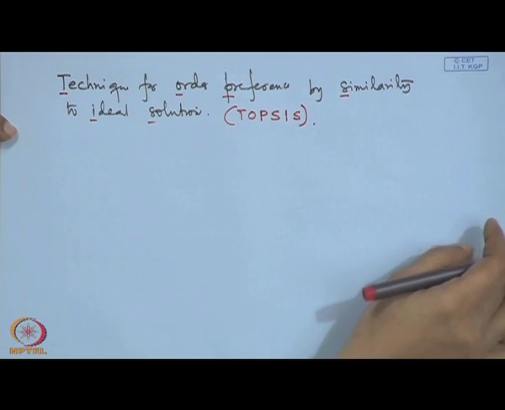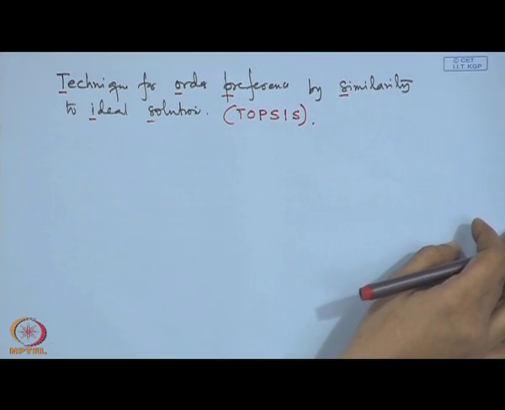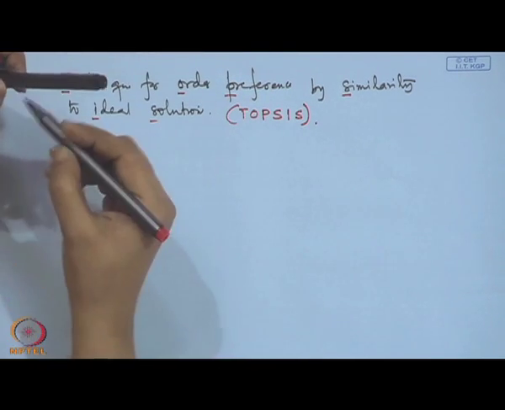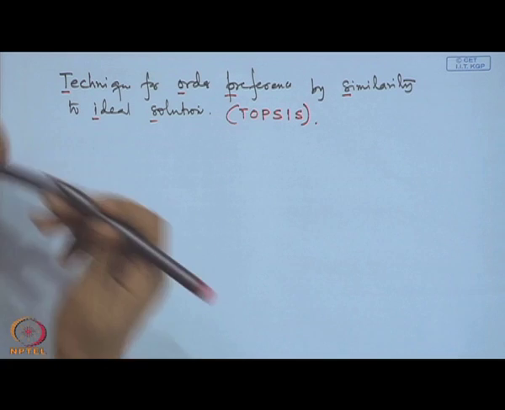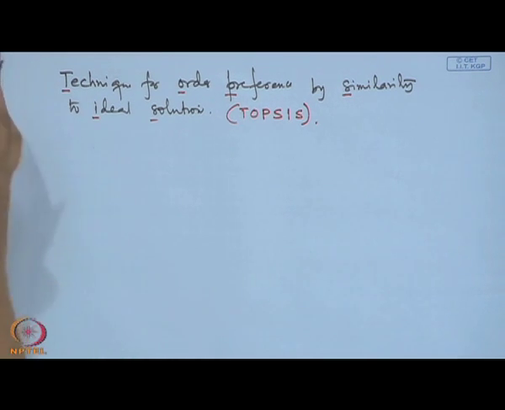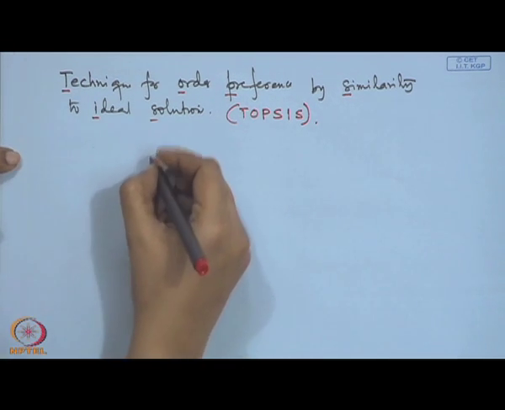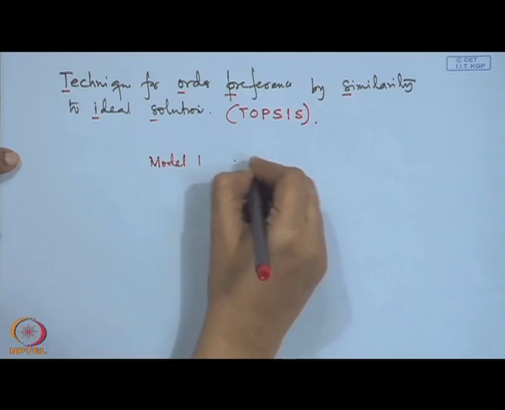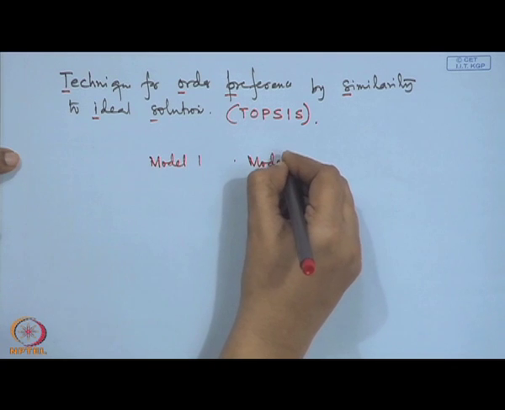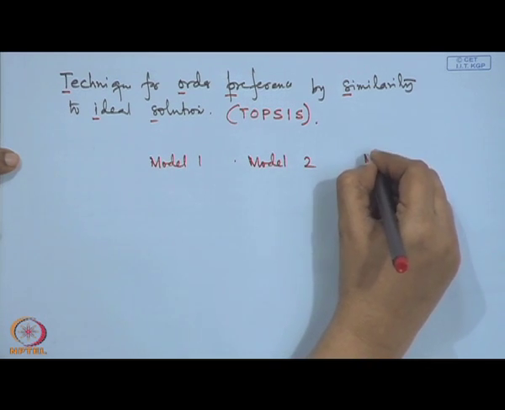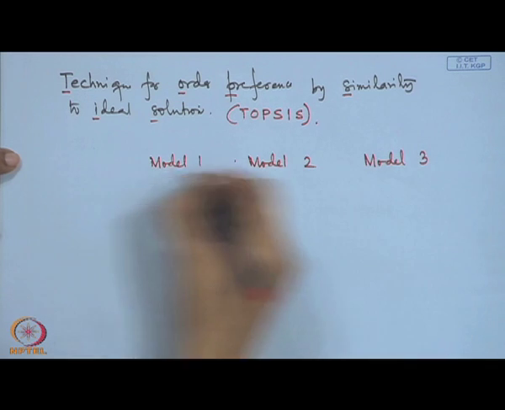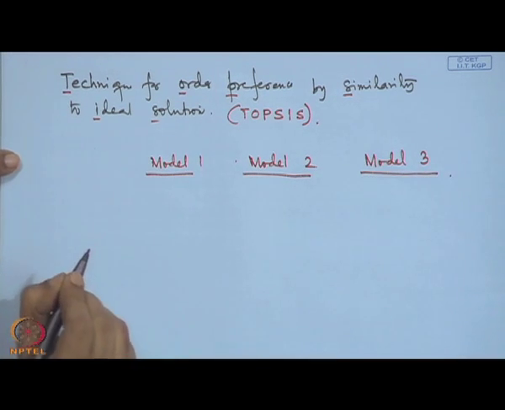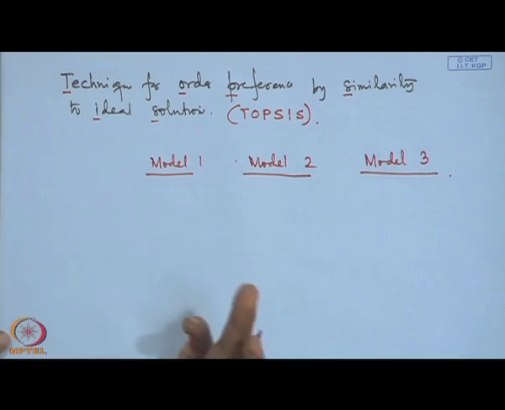Now, in the Topsis method we have information of this kind. Let me take one example. We have 3 models. Let us try to select.